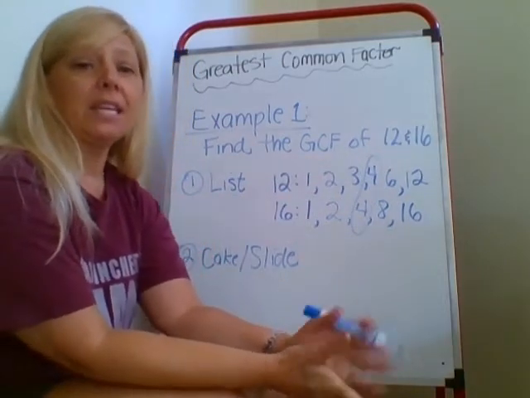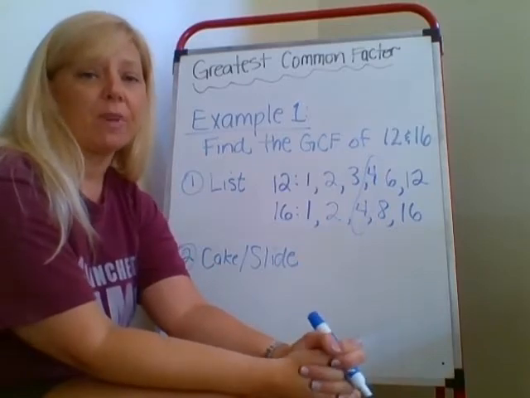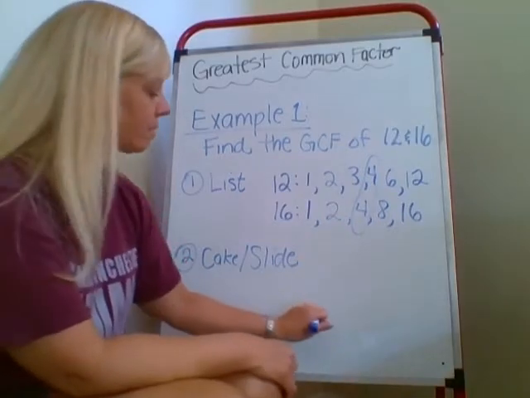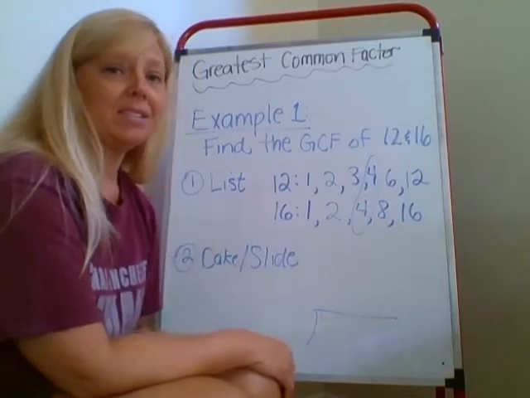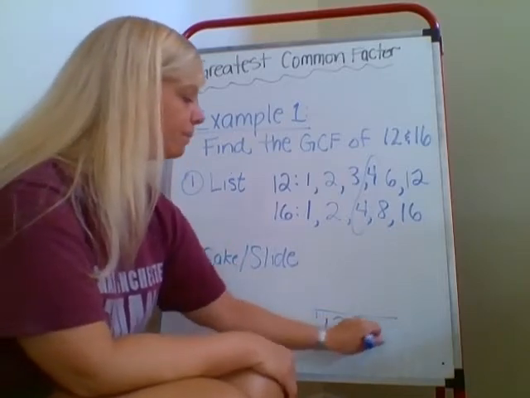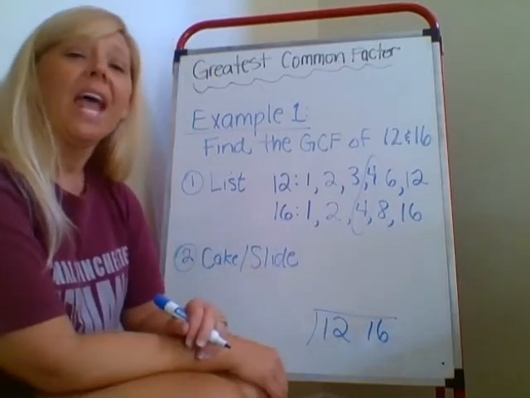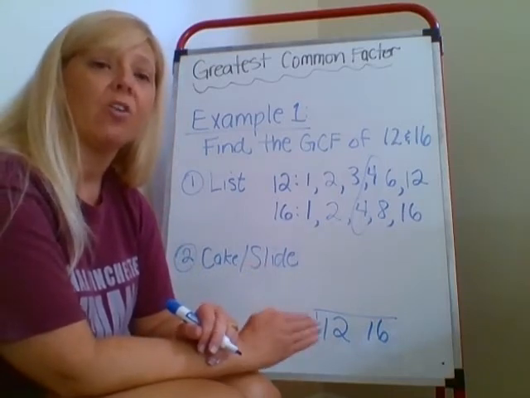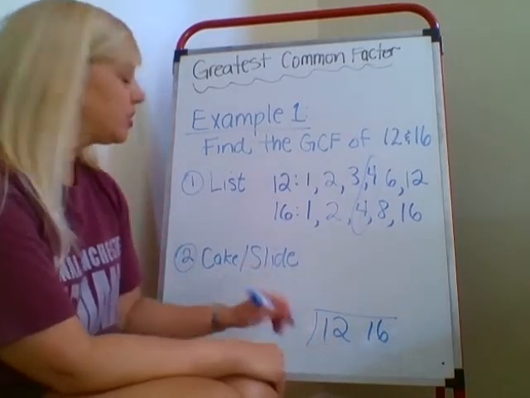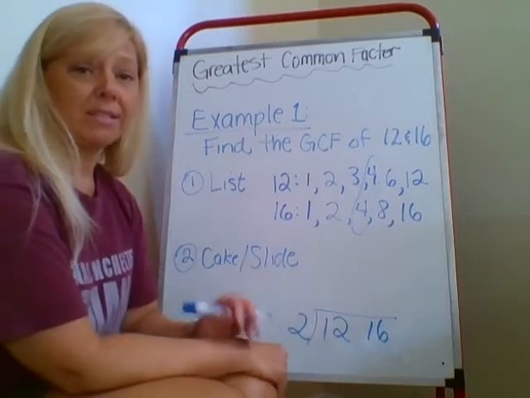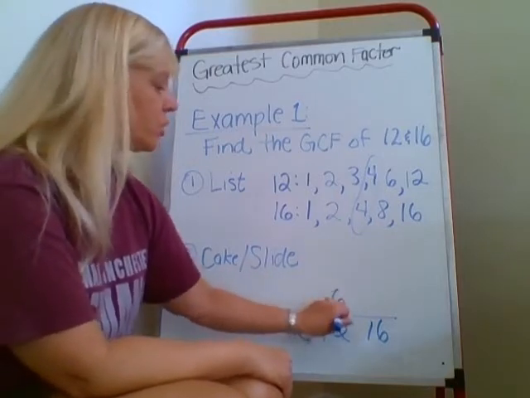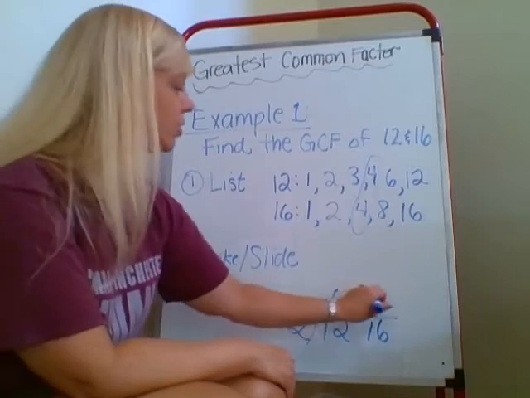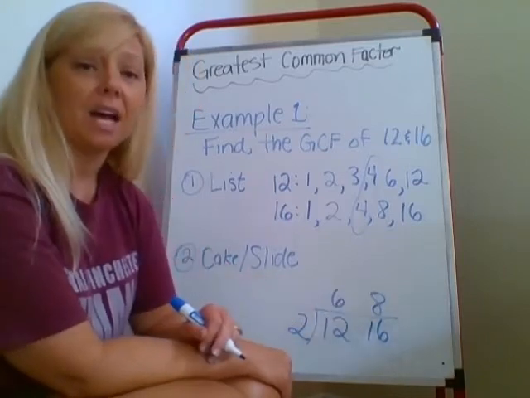Now, if I'm using the cake or slide method, which is prime factorization, what I'm going to do is put both the 12 and the 16 in the division bar. And then I need to go through my prime numbers to figure out which numbers go into 12 and 16. So 2 goes into 12 and 16. 2 goes into 12 6 times. 2 goes into 16 8 times.